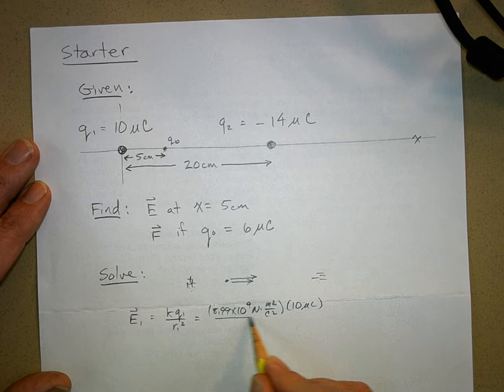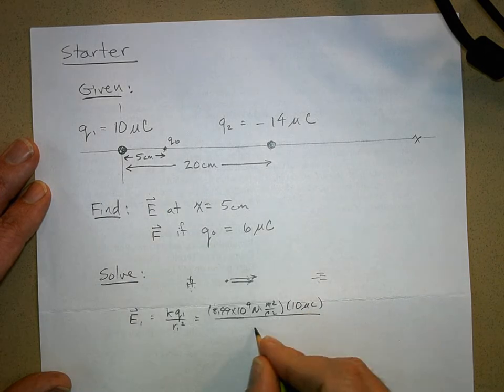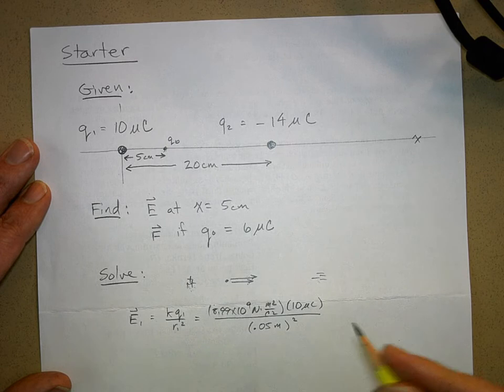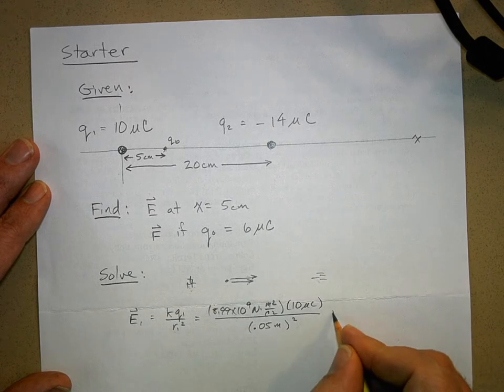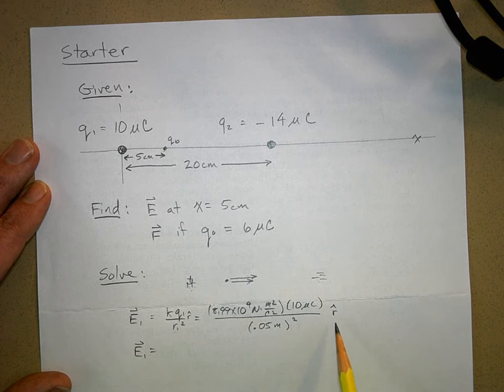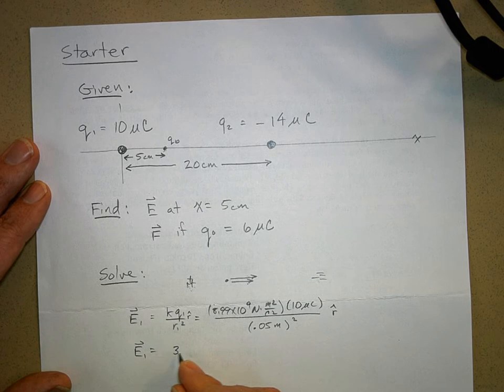And then over R1 squared, and that's 5 centimeters, so 0.05 meters squared. And then you say, okay, in the R hat direction. So you evaluate that. This times this divided by this squared. And you get a magnitude, at least I did, of 3.6 times 10 to the 7 newtons per coulomb.